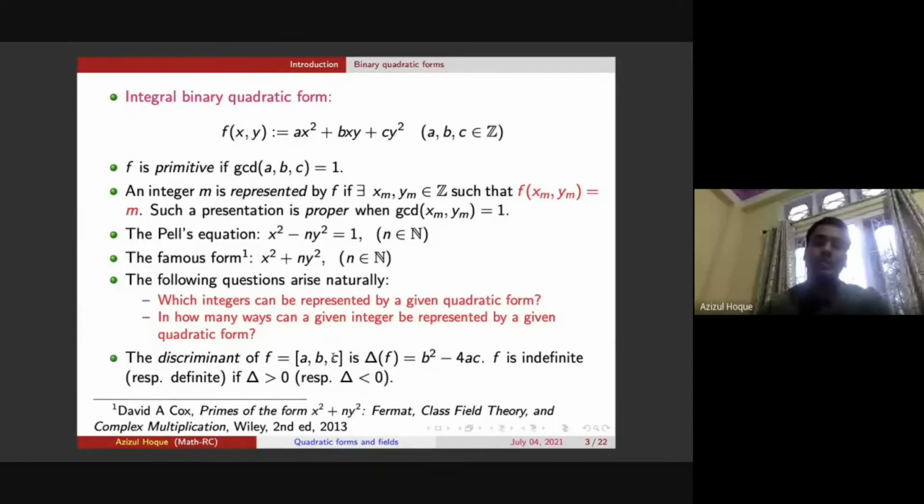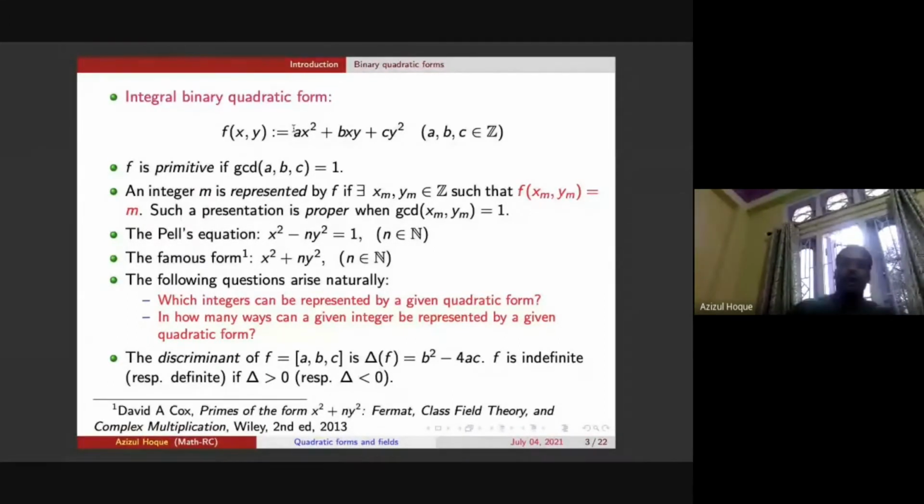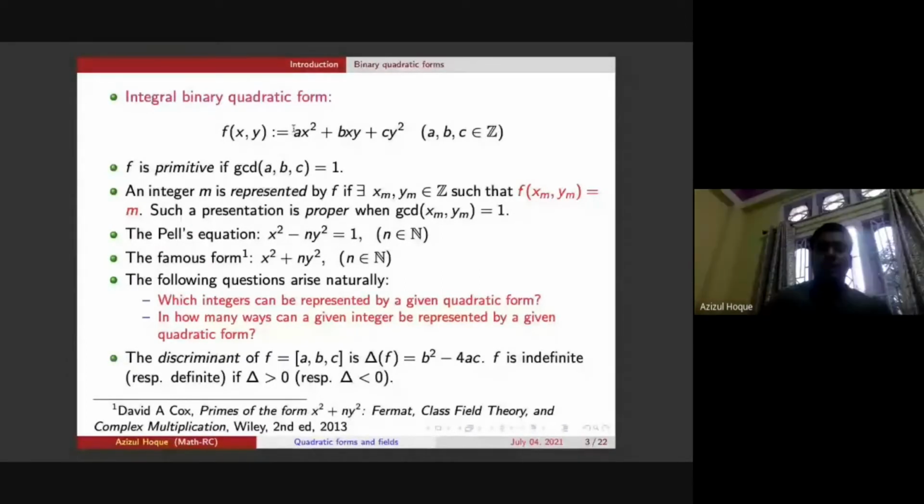Positive definite means it represents only positive integers, and negative definite means it represents only negative integers. Now suppose I am given a positive definite binary quadratic form, then if I multiply that form by -1, I will get a negative definite integral binary quadratic form.